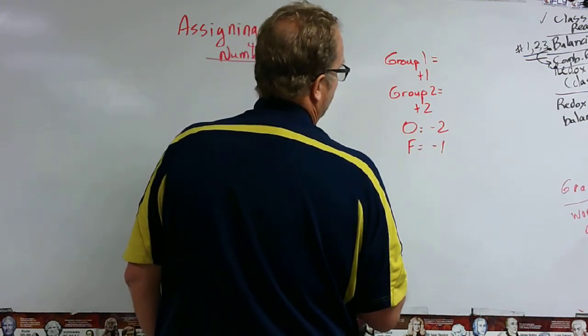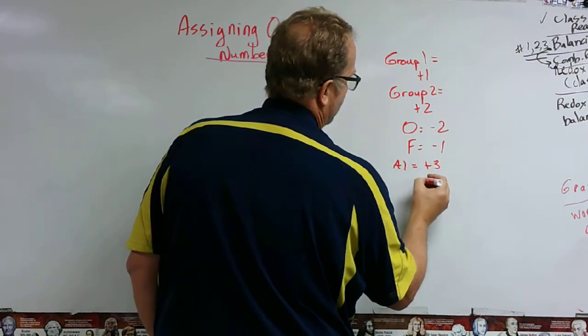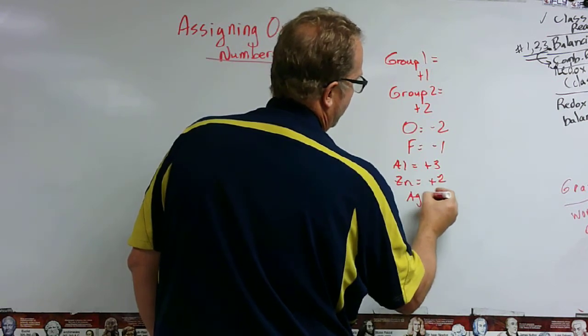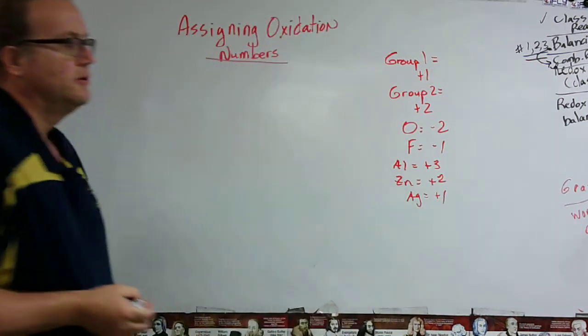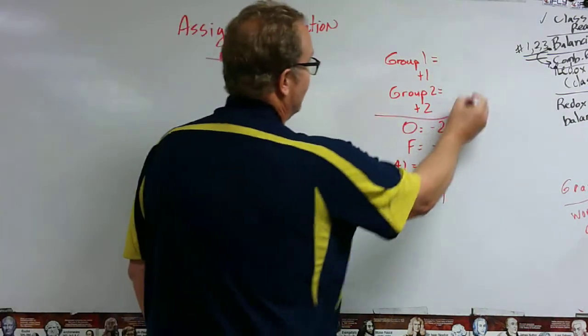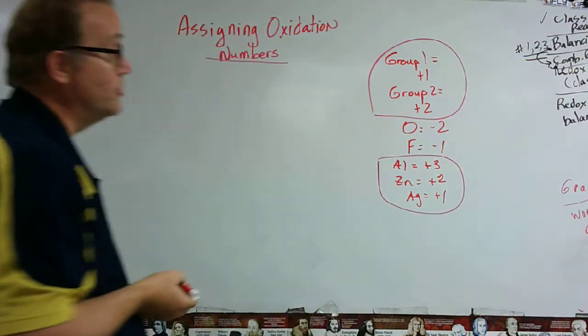Let's see, are there any others? Well, we know Al is a positive 3, zinc is a positive 2, and Ag is going to be a positive 1. So you're going to notice this is really nice because we do have these guys, the red region, they only have 1 charge.